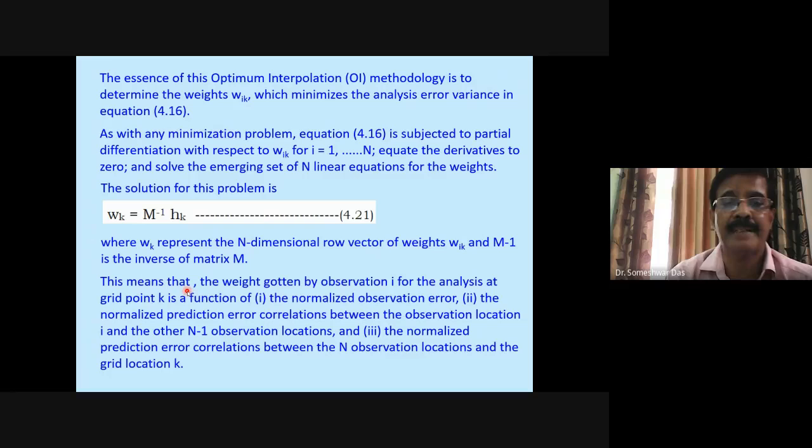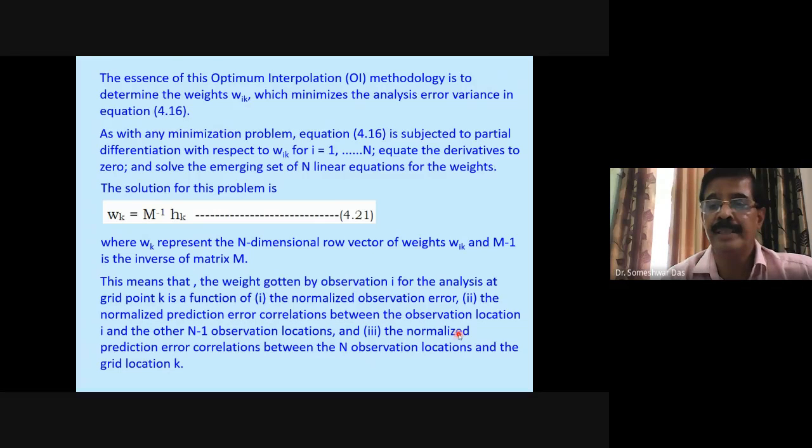This means that the weight obtained by observation I for the analysis at grid point K is a function of three factors. Number one, the normalized observation error. Number two, the normalized prediction error correlations between the observation location I and the other n-1 observation locations.